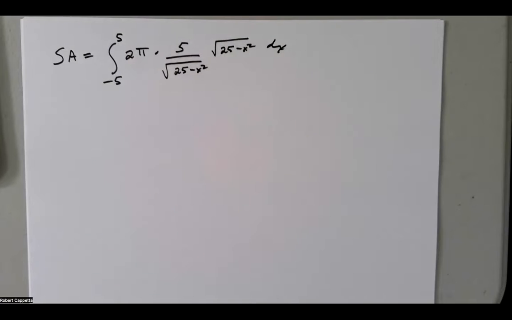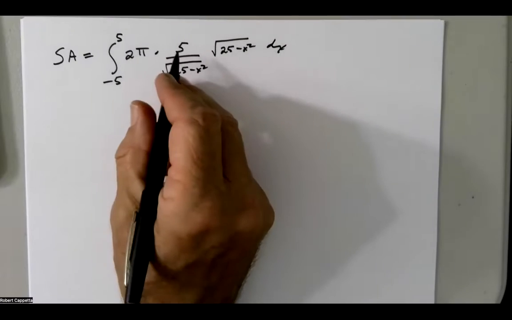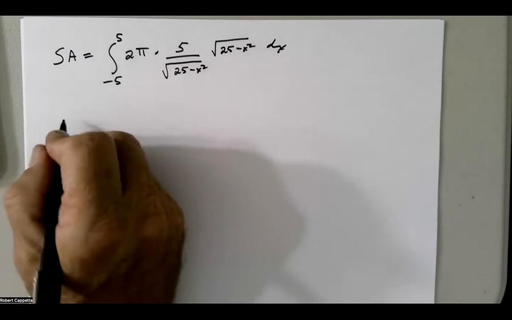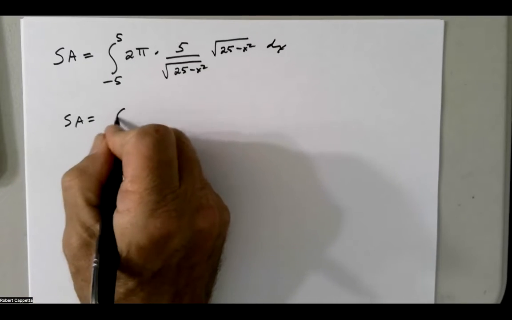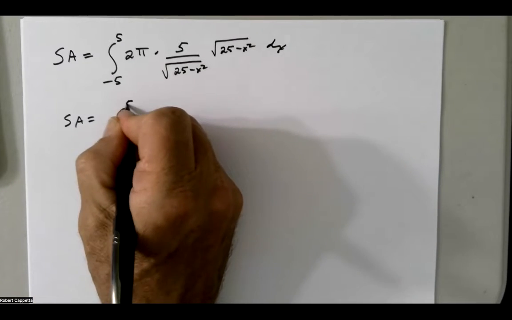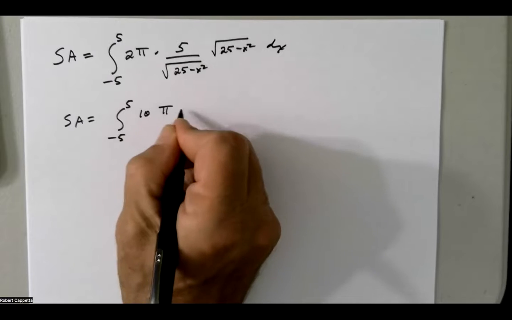And you'll notice that the square roots divide out, and we are just left with 5 times 2 times pi, so that's 10 pi. We have the integral from -5 to 5 of 10 pi dx.